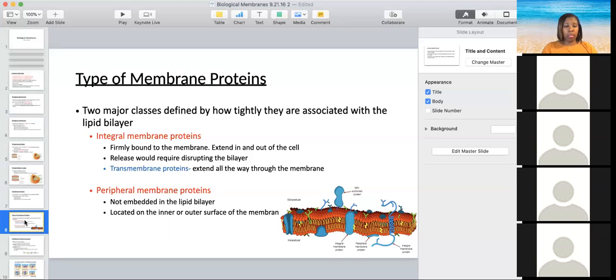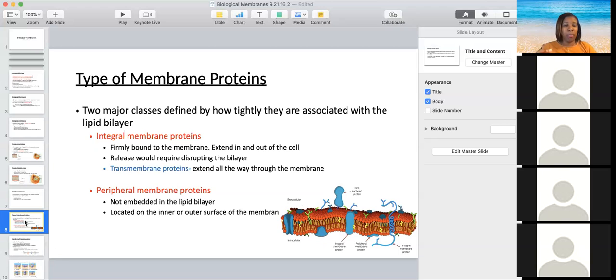One, these integral proteins are going to be those that are tightly associated or firmly bound to the membrane, and they're typically going to span or extend throughout the width of the membrane. These integral proteins are so significant that if you try to remove or release them from the membrane structure, you risk compromising the integrity of that membrane.